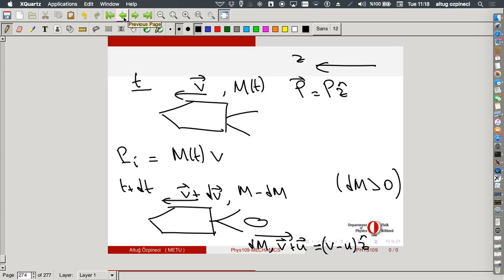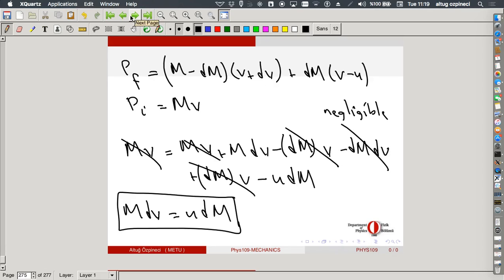At one time, we have the mass and the velocity, so we can calculate the initial momentum. At the next moment, the velocity has changed a bit, and the mass has changed a bit. The small exhaust has its own velocity and mass. We just equated the two momenta, and at the end of the day, this is what we obtained. This is a relation that relates a very small change in the mass of the rocket to a very small change in the speed of the rocket.